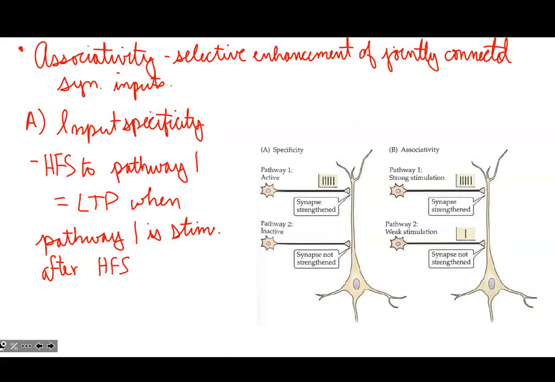And that's what we would expect to see: if we give a high-frequency stimulus, wait a little bit and stimulate again, we see facilitation.